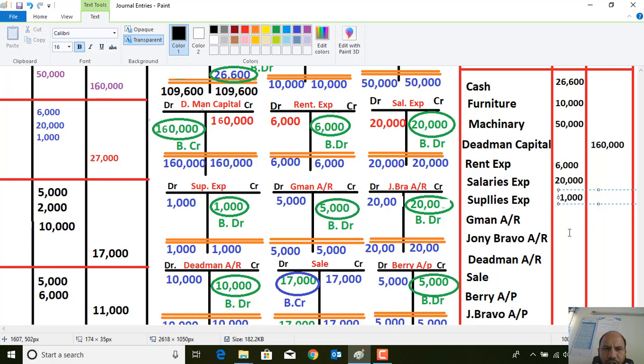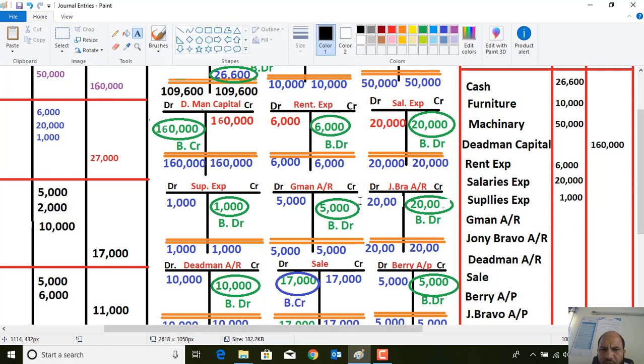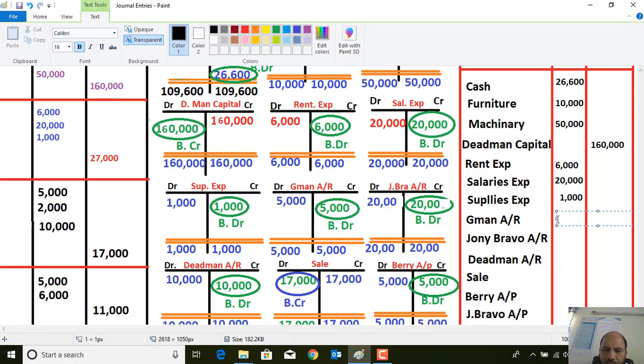Okay, dear students, German account receivable is another account, and the amount which is available is 5,000, but we have mentioned that it is a debit balance, so we will record the German account 5,000 at the debit side. The Johnny Brow account receivable, we have 2,000 and it is a debit balance, so we will record it at the debit side.